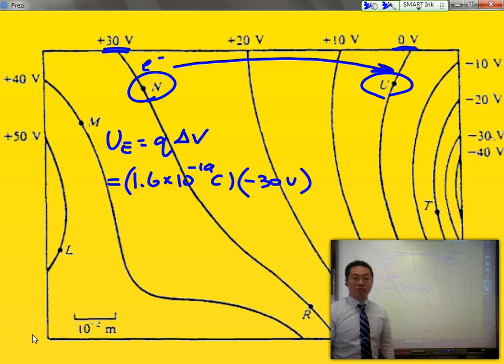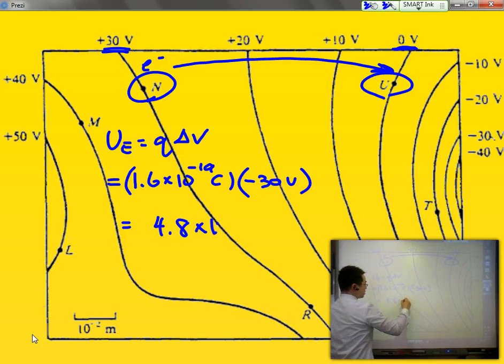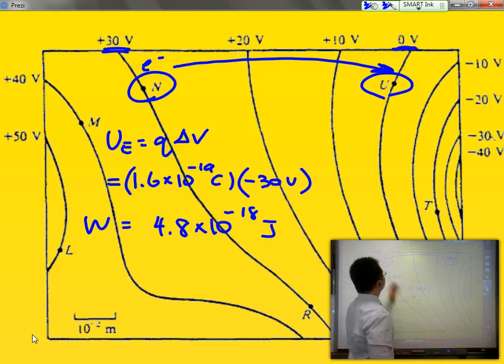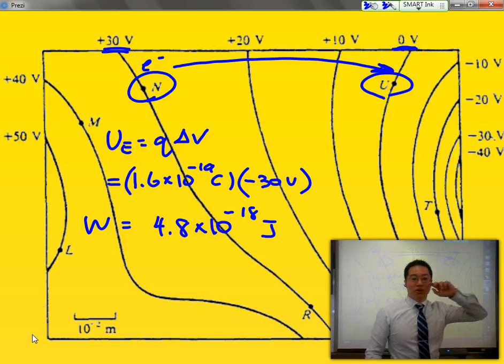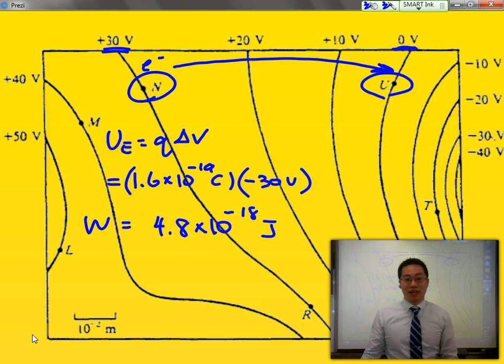So in this case, my final answer would be, it would take me a work of 4.8 times 10 to the negative 18 joules of work to move it from location N to location U. Notice in the end, I just leave my charge sign. In this case, I make the delta V an absolute value.